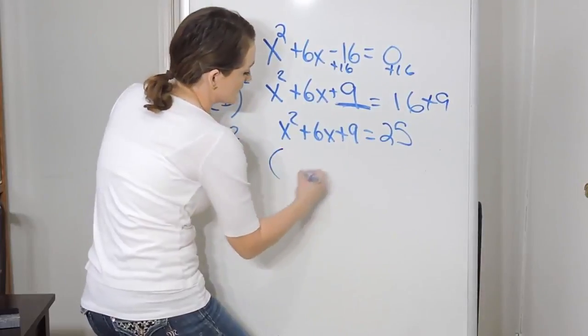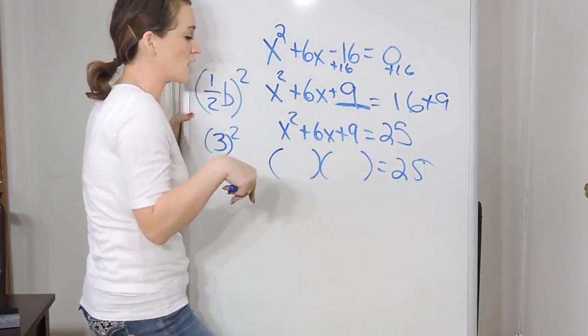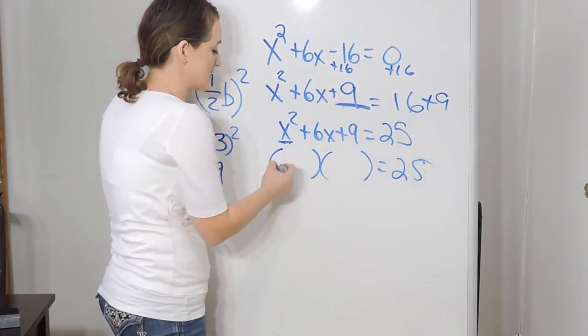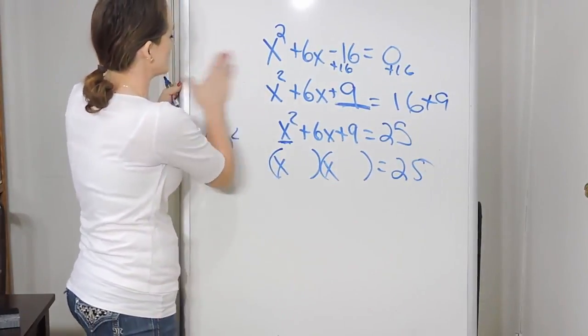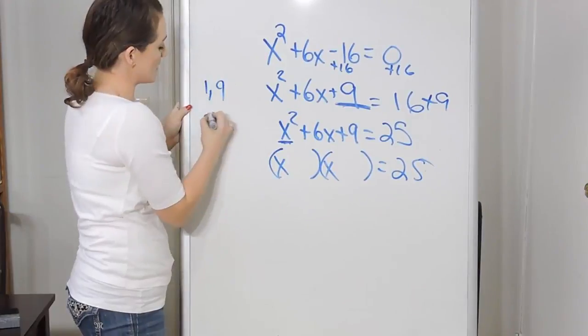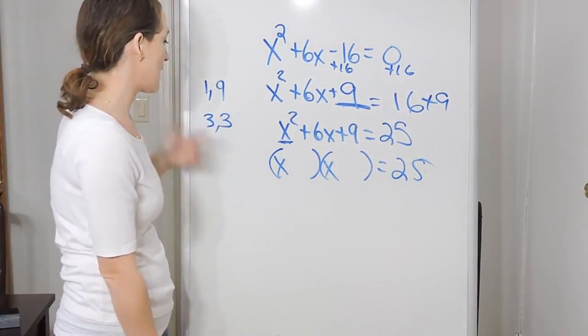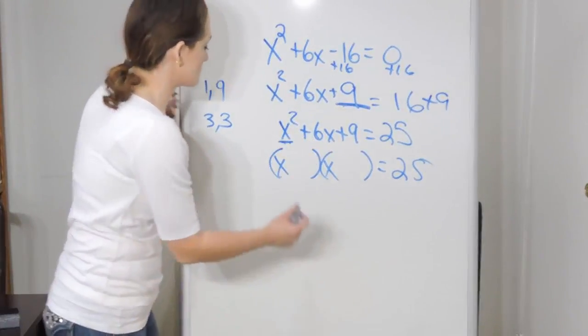So let's factor it, using what I call the reverse FOIL method. This x squared in front tells us x times x. Then we look at the last term, which is a 9, and we list all the different possibilities of getting a 9: 1 times 9, 3 times 3. We want the combination that's going to add or subtract to the middle term.